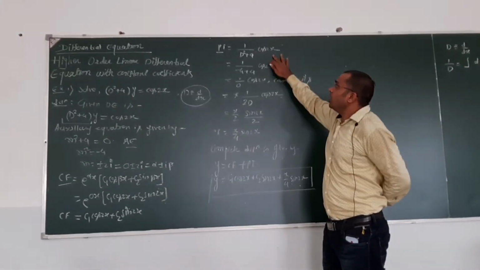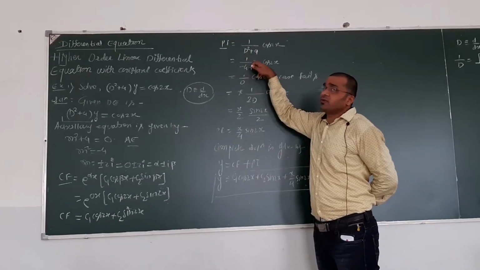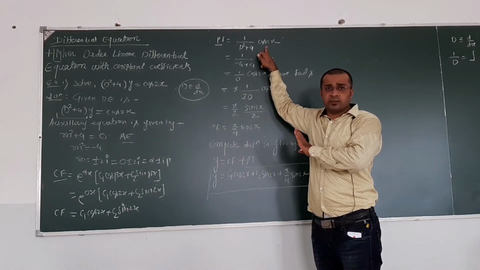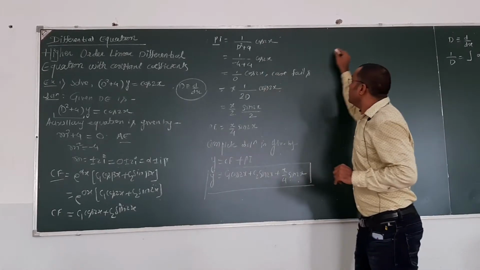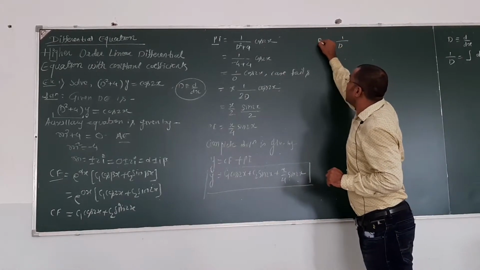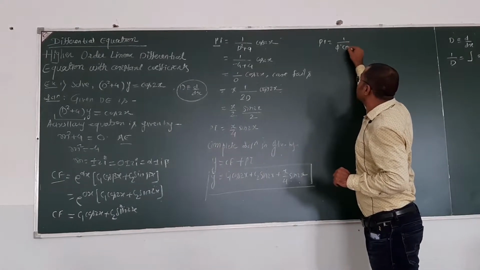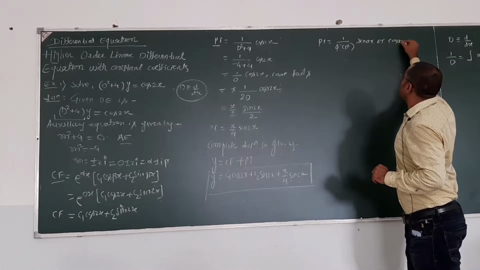Now after writing this quantity, I have to convert the denominator as a function of D² if it is not already. But here D² is present. Whenever we deal with the sin and cos case, the PI has a function of D² in the denominator with sin ax or cos ax.